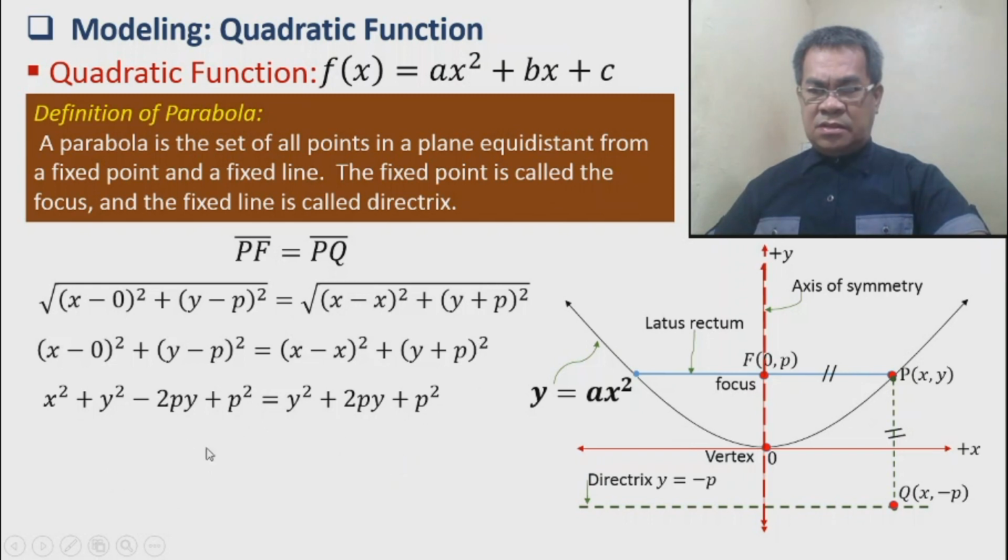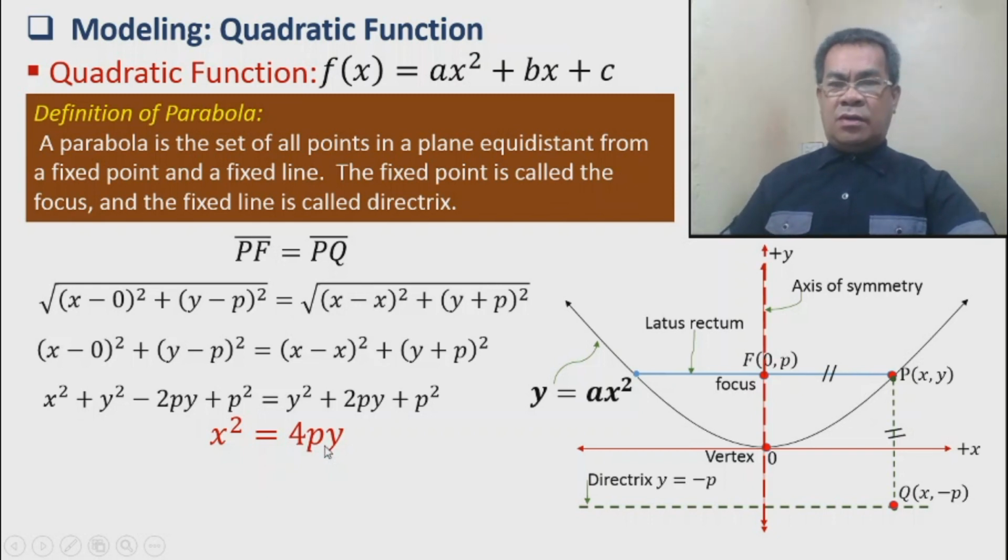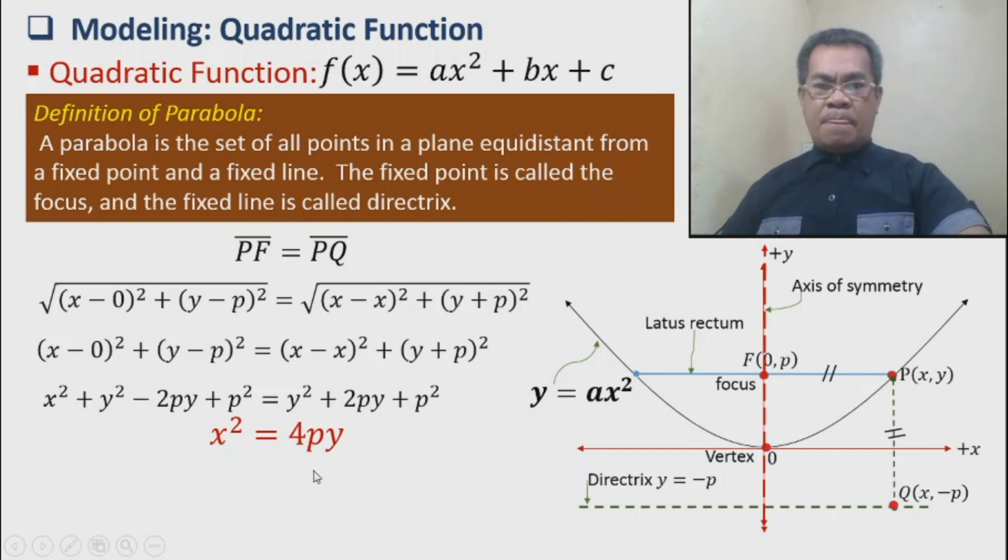We cannot cancel negative 2py because this is positive. Instead, we can combine these two. If you transpose this to the right side, this becomes 4py, and we have x squared is equal to 4py.